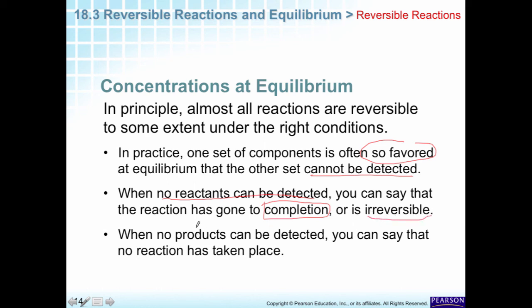On the other hand, if no products can be detected, you can say no reaction has occurred, because you have very little products. So we say no reaction occurs. But in both cases, there could be a teeny bit of product, or a teeny bit of reactant left.